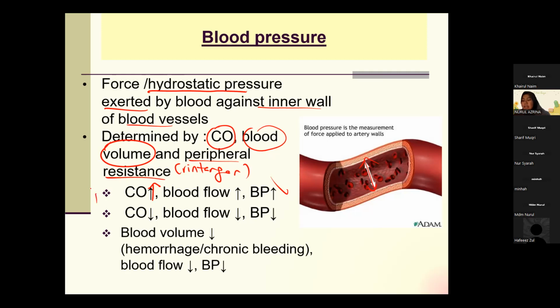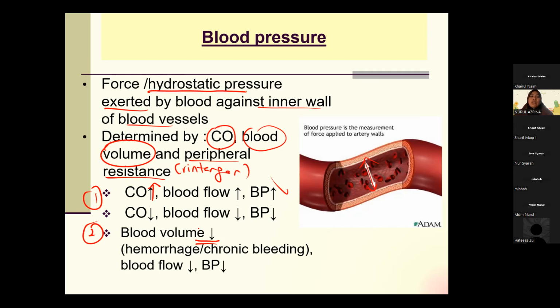Second, blood volume. Volume ataupun jumlah darah. When your blood volume is lower, jumlah darah rendah, for example due to hemorrhage, berlaku pendarahan ataupun chronic bleeding, for example due to accident, surgery, giving birth.